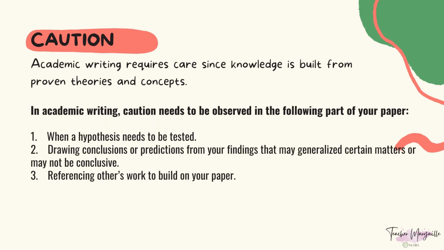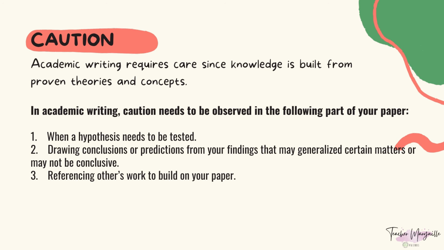You need to remember that in academic writing, caution needs to be observed at all times, especially when you are writing your own research paper. So here are the parts that need to be observed with caution.